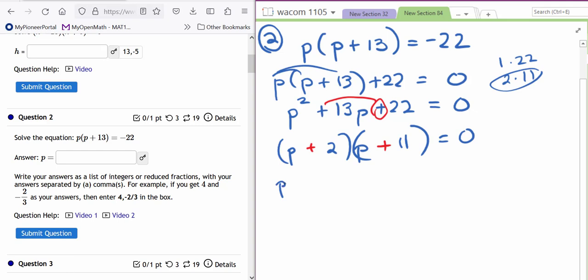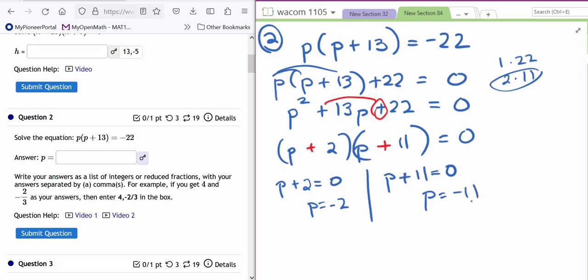All right, and now you just break it apart and set each one equal to 0. So this one is p equals negative 2, and this one is p equals negative 11. And we'll just group them back, negative 11 and negative 2. Good.